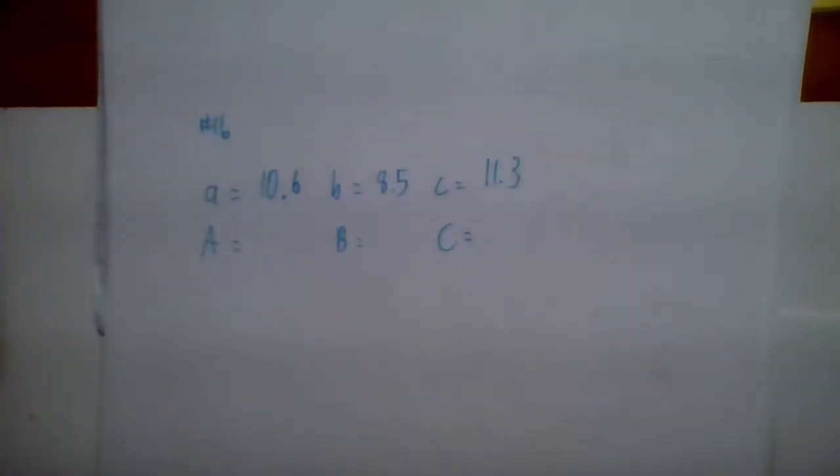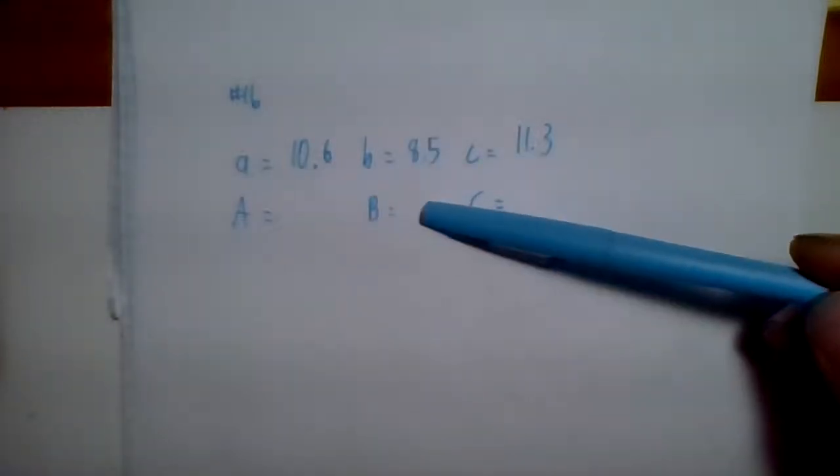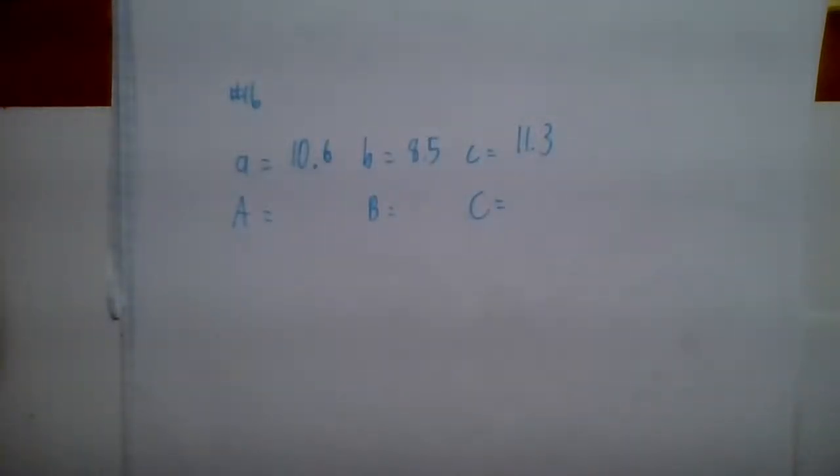It could be upside down or rotated, but it's the same triangle if it has those three side lengths on it. We should be able to find what those angles are, but you can't get started with the law of sines to do that because you just don't have enough information. If you try to set up your proportion with A's and B's, you've got too many unknowns there.